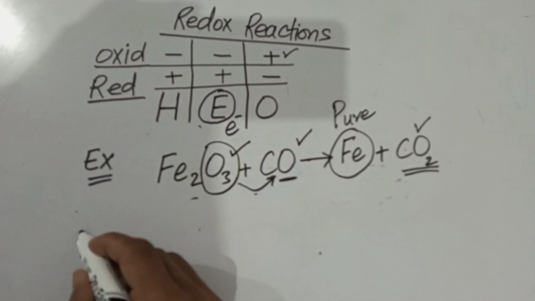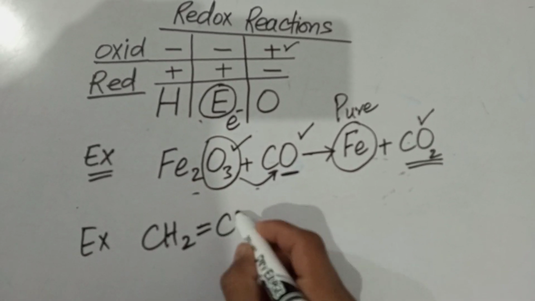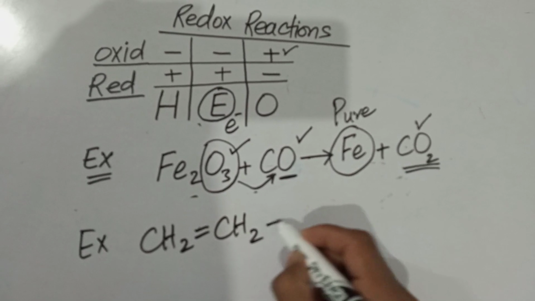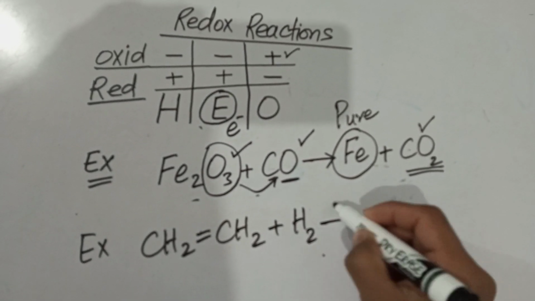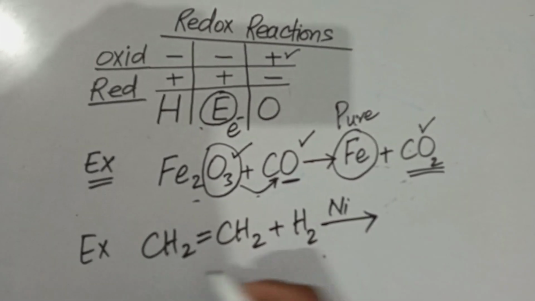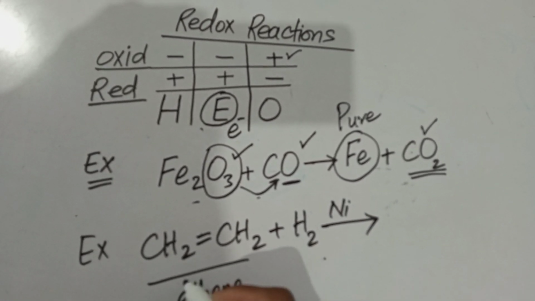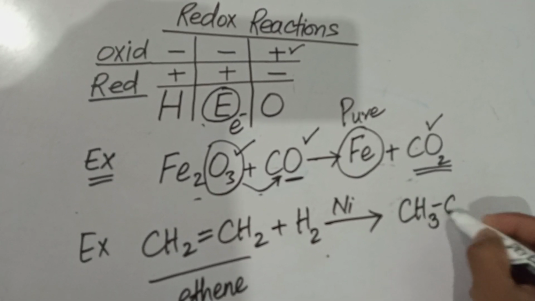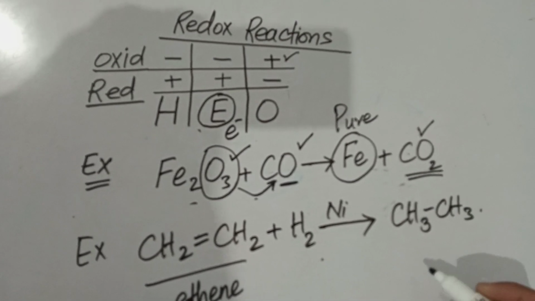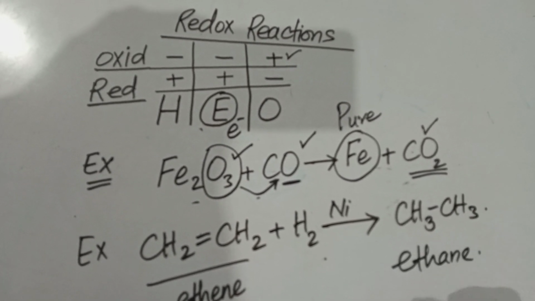If we consider the ethene molecule and we add a hydrogen molecule to this reactant species, that is ethene, then this molecule will go to CH3, single bond CH3, that will be ethane.